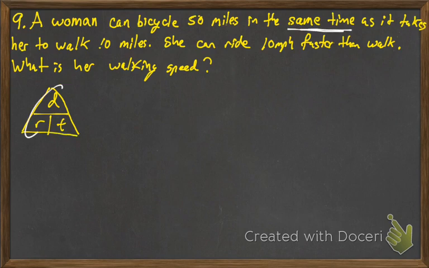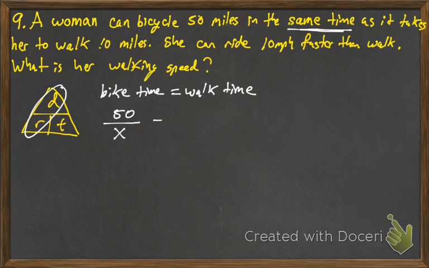So if we got same time, that means we're looking at distance over rate. So we're looking at bike time equals walk time. Bike distance is 50, and the speed, we don't know, we can call it x. That's going to be equal to 10 over, and then she is 10 miles per hour slower. So her distance is 10, her speed is 10 miles per hour slower than her bike speed, so x minus 10.